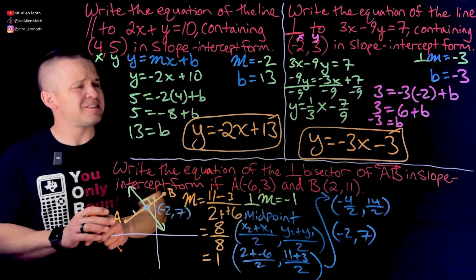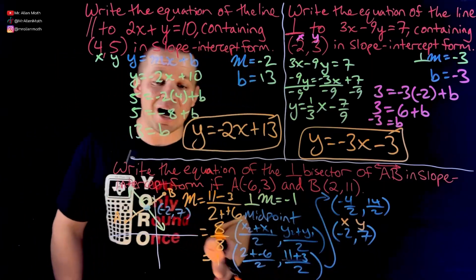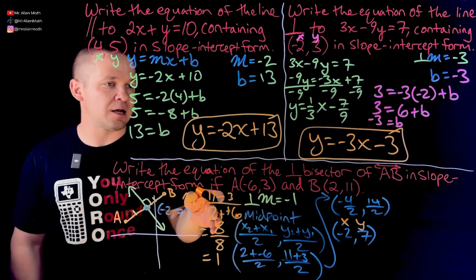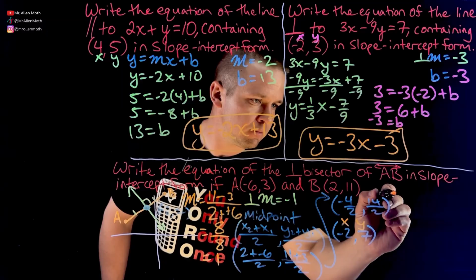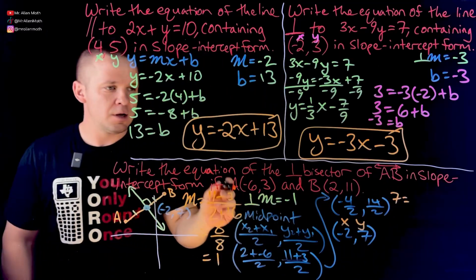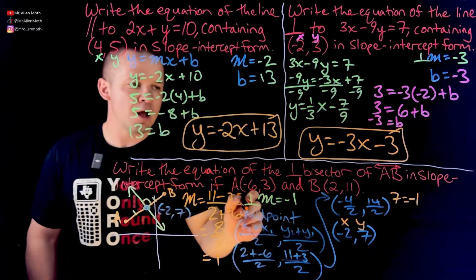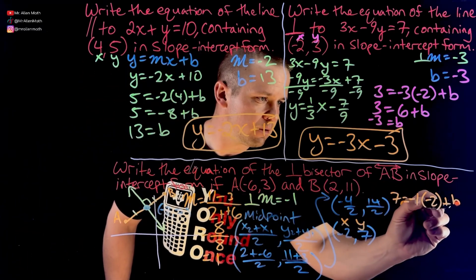Let's figure it out, shall we? Let's do it. Well, this is my x, this is my y on the line that I want. So what we can do here is plug that into my slope-intercept form that we wrote down here. I'm going to have 7 equals, and then we said my slope is -1. You gotta look back at all that work. My x value is -2 plus b.